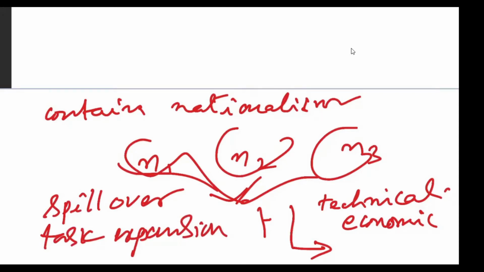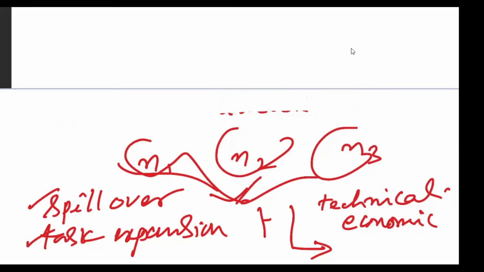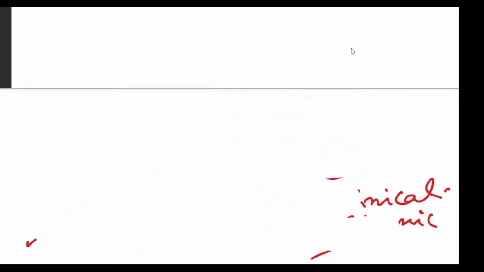More tasks will be done and it will spill over to other agencies, and finally more agencies will be created, because of which interdependence will develop.